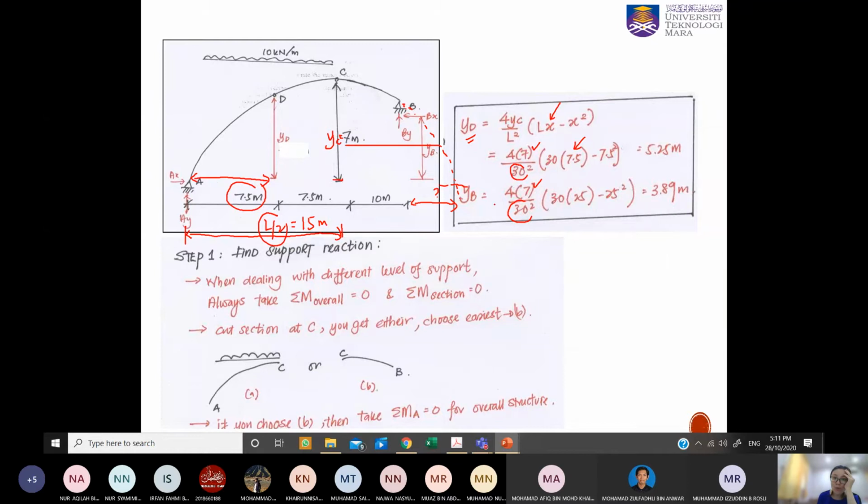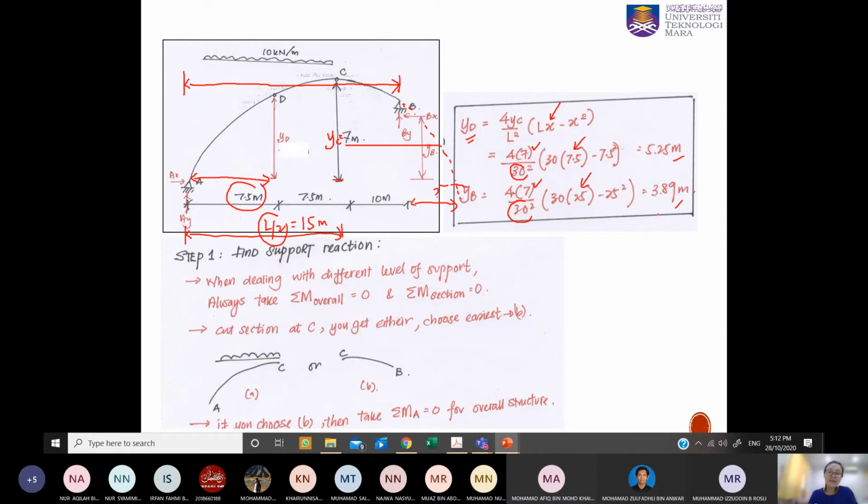How about for YB? You also need to measure the length from A to B, which is 25 here, because this is already 15 and then plus another 10, you get 25 for your x. Now everything is here. You just need to solve the equations and you get your YD and YB done.